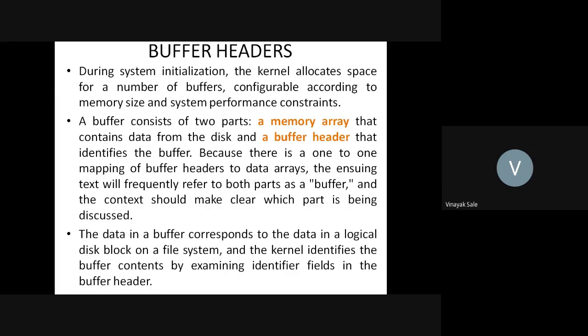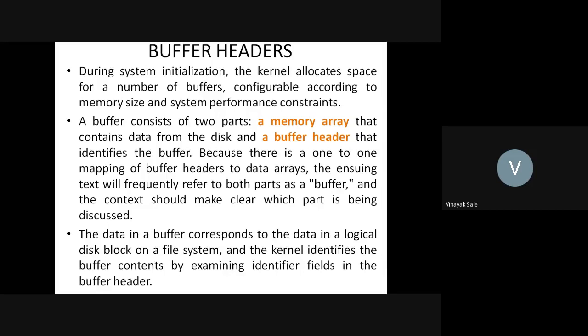So what is a buffer header? During system initialization, the kernel allocates space for a number of buffers, giving a particular number to each buffer, configurable according to memory size and system performance constraints.